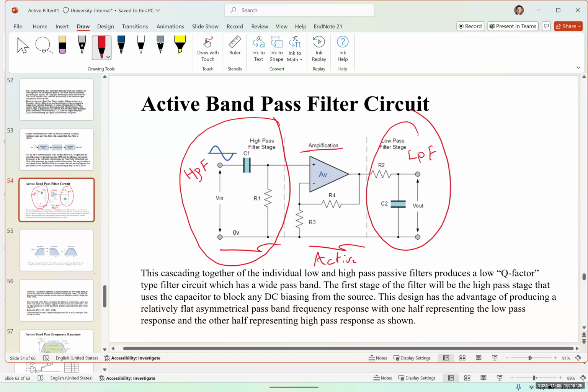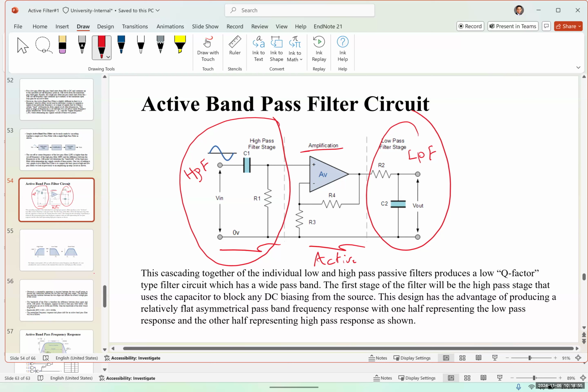So cascading together two individual filters, a high pass filter and a low pass filter, produces a low Q factor. We already mentioned, I think, in electronics, if you were with me, that the Q factor is the operating point. This produces a low Q factor type filter circuit, which has a wide pass band.